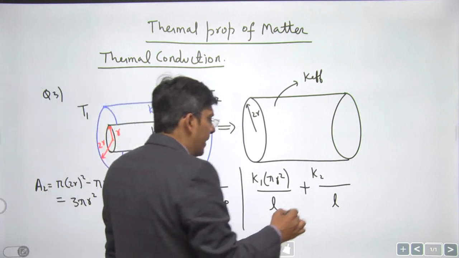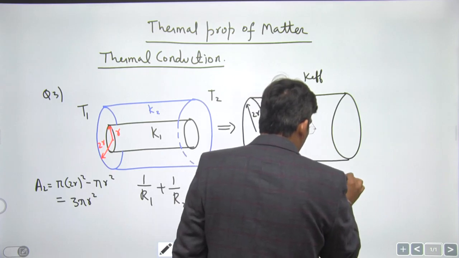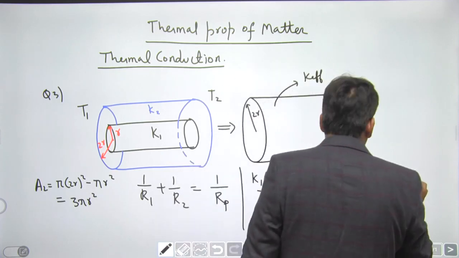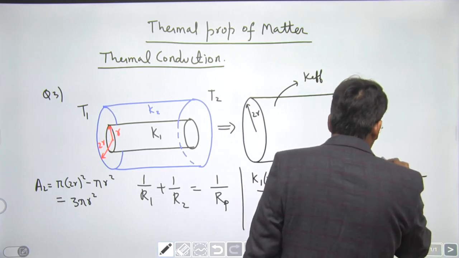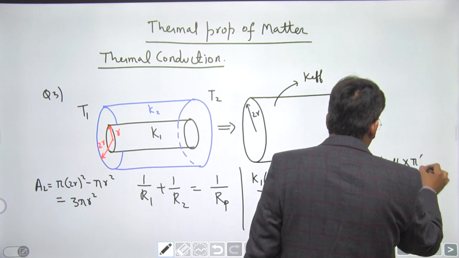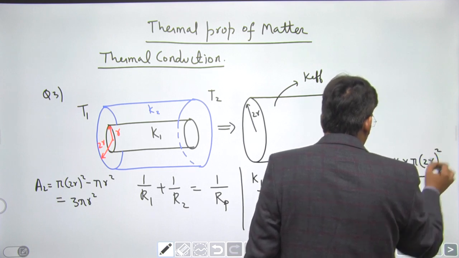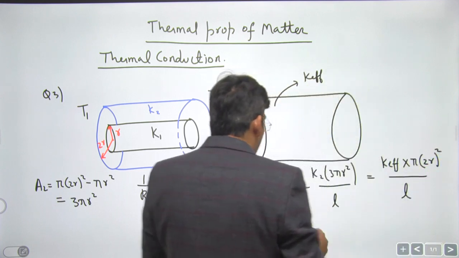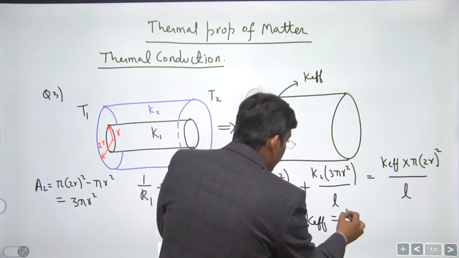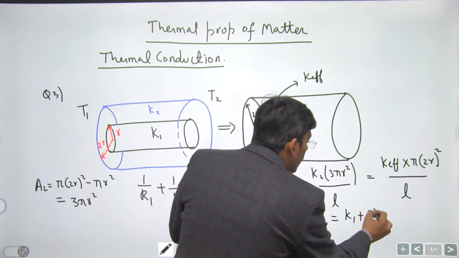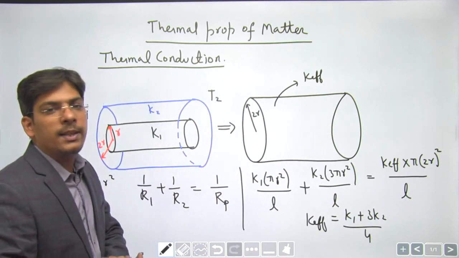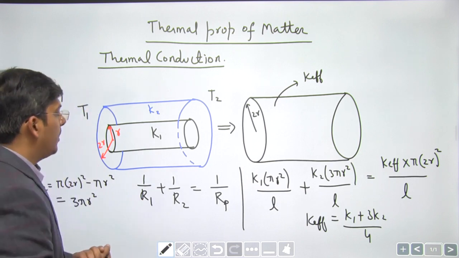So L by K2 into 3 pi r square is equal to 1 by RP, which is L by K effective into area pi into 2r square. By easy calculations, we get K effective as K1 plus 3K2 divided by, definitely dear students, 4. This is how we calculate the effective value of thermal conductivity.